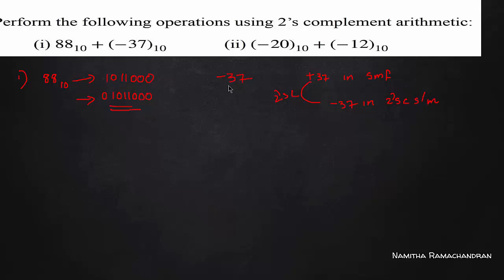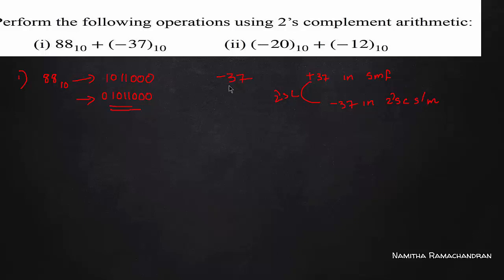For a positive number, sign magnitude, 1's complement, and 2's complement representations are all the same, and that representation is equal to the sign magnitude representation corresponding to the given positive number. And in case of a negative number, in order to get 1's complement or 2's complement, start with the positive representation corresponding to the given number.